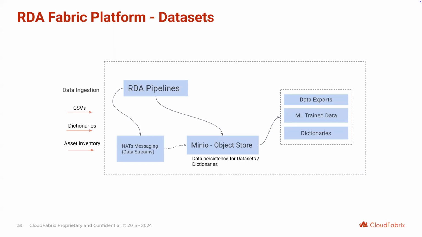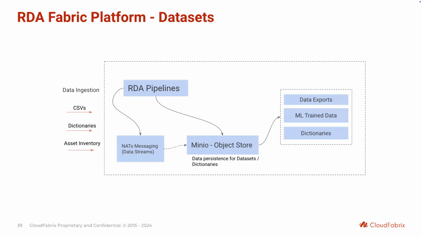So how is this data being used? When data is ingested in the form of CSVs or dictionaries like tabular data, and data is collected from asset inventory, this data is processed through RDA pipelines, either through streams or by directly getting the data from the endpoints. When the data is processed, it is stored as data sets in a tabular form, and the data is persisted in the Minio object service.